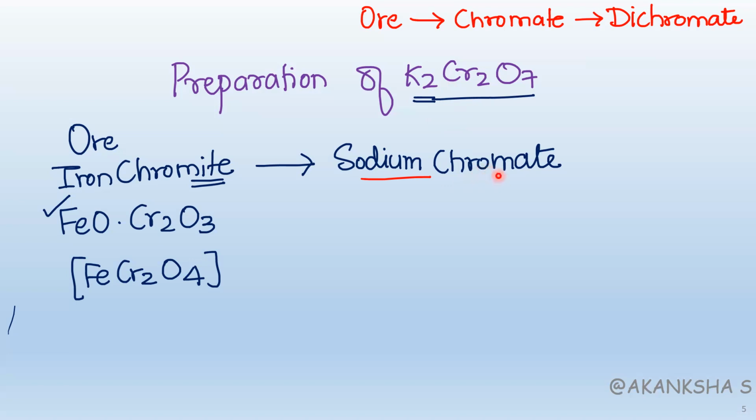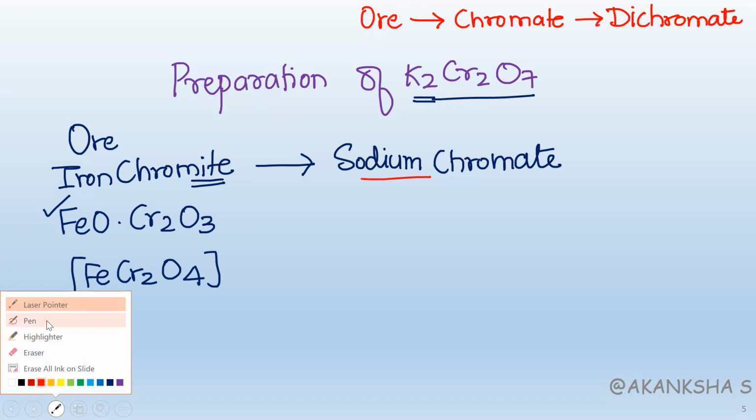The problem is, when potassium chromate crystals separate from the solution, it becomes extremely difficult to convert it into potassium dichromate. So because of this crystallizing and heavy reactivity problem of potassium, we do not begin this reaction using potassium, but rather a milder element compared to potassium, that is sodium.